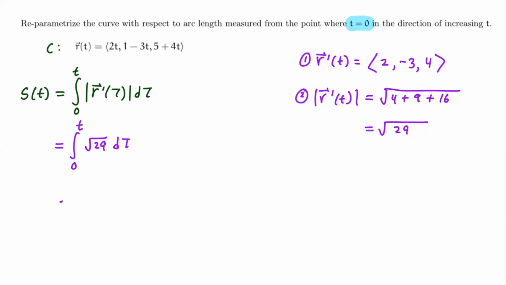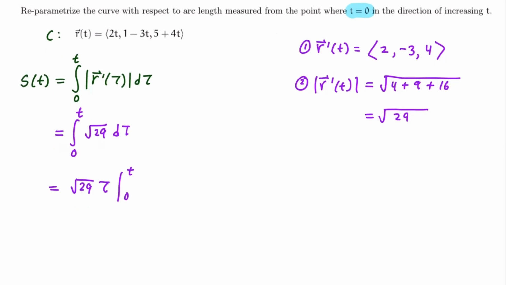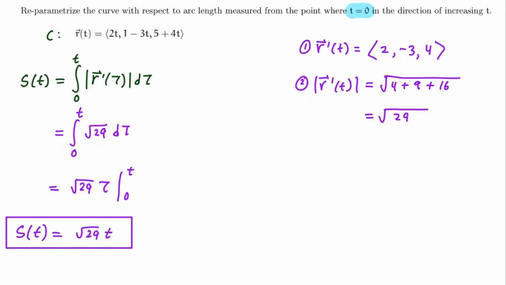And this would give us the following now. This is just integrating a constant with respect to tau. So we have square root of 29 tau evaluated from 0 to little t, which means now we plug in the upper limit and lower limit of integration, and we have our s of t is going to be the square root of 29 little t. All right, so that is our arc length function.